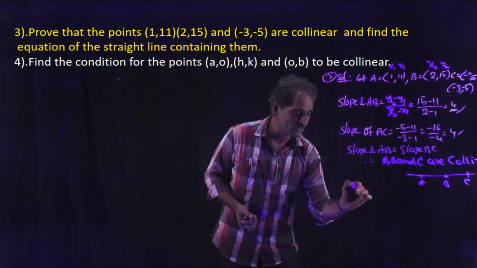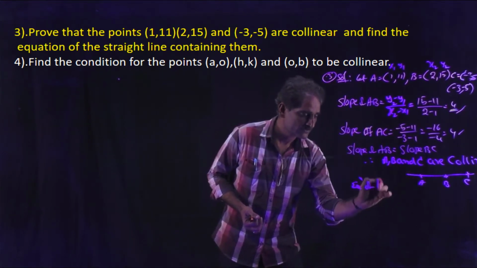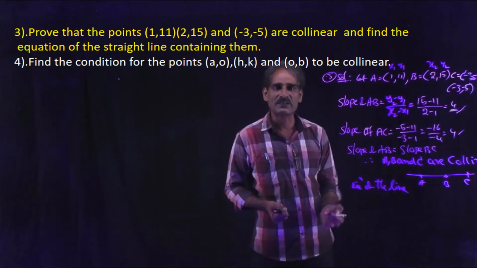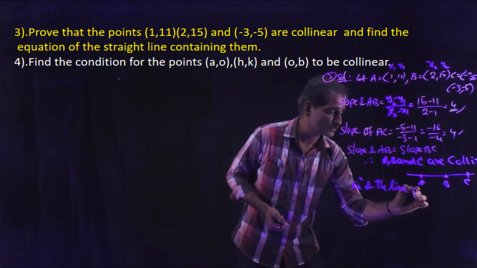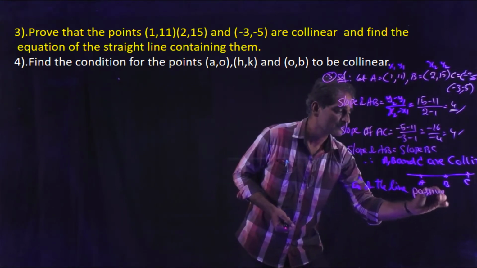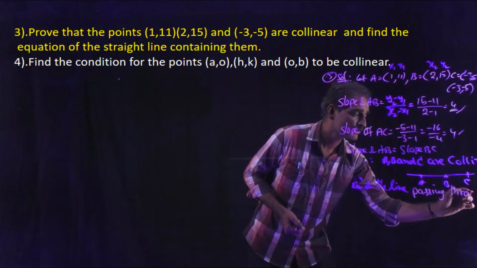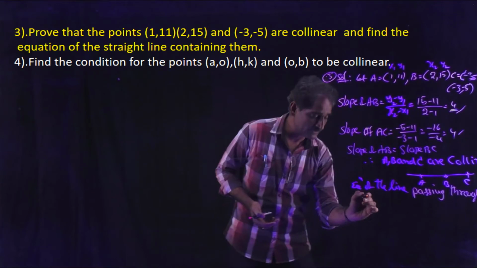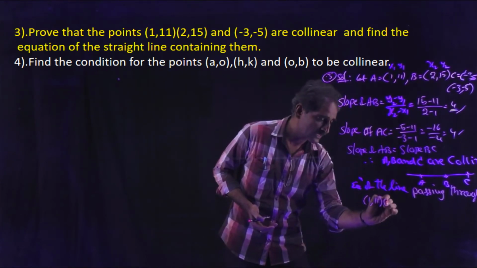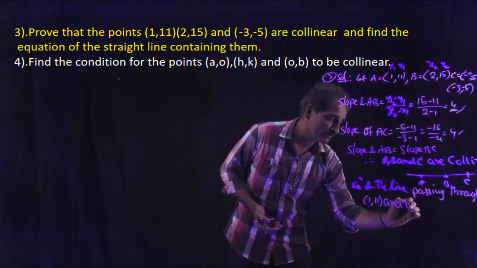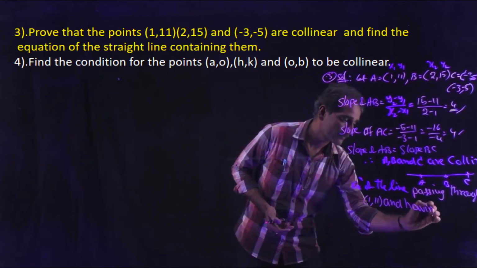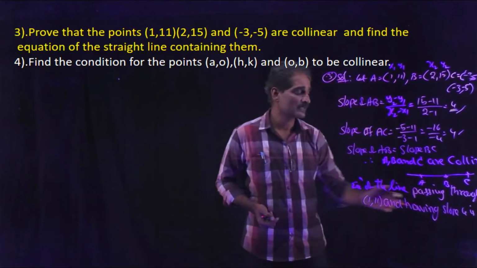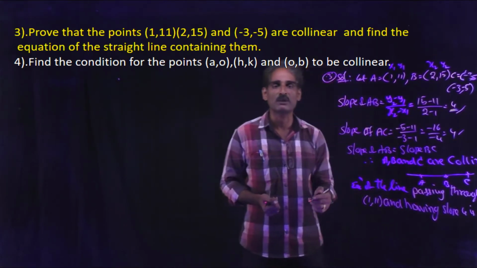So the equation of the line containing the 3 points is the equation of the line passing through, take any point, 1 comma 11, and having slope 4.